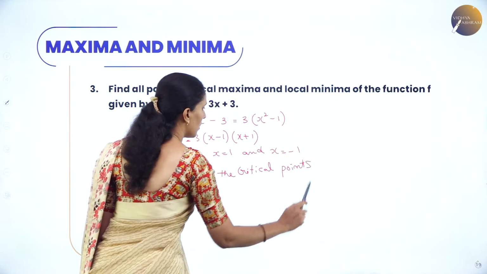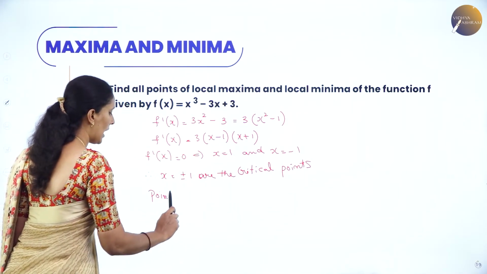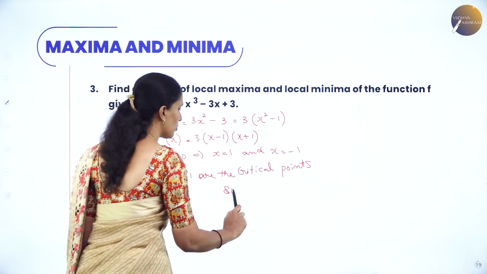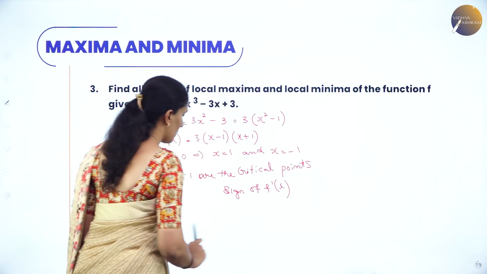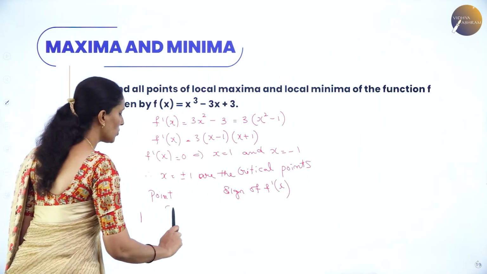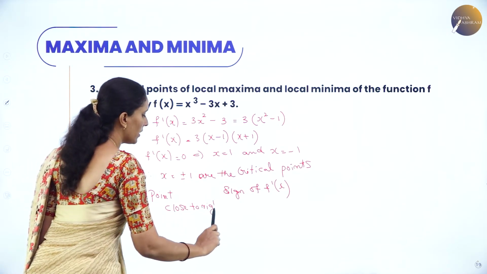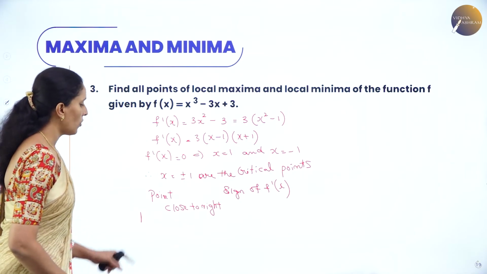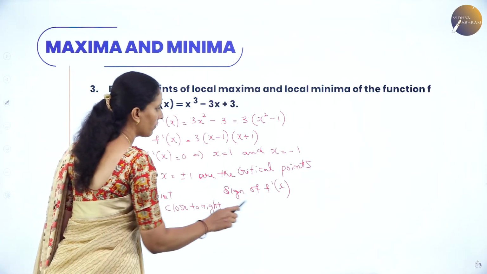Now, let us take the point here and study the sign of f dash of x. If you take 1 and go close to the right, towards 1, exactly at 1 it is 0.